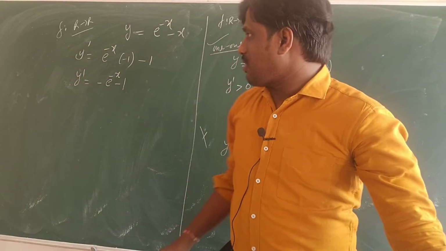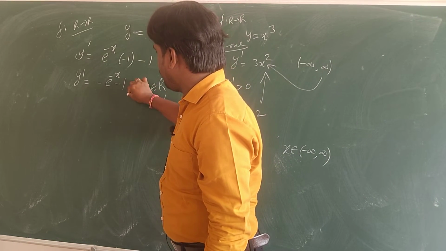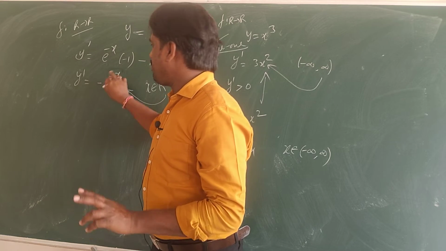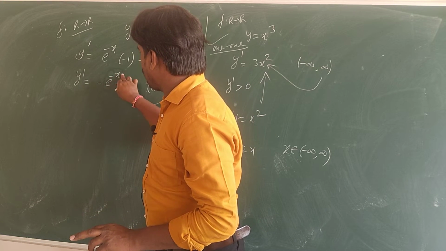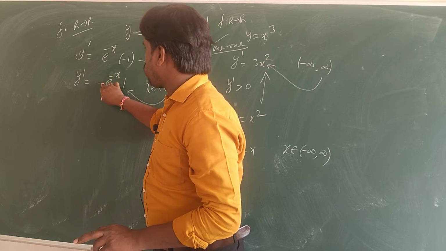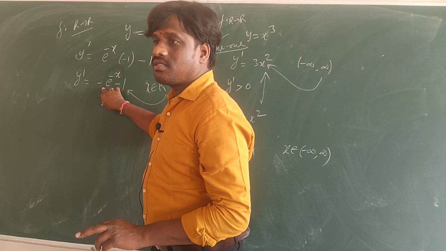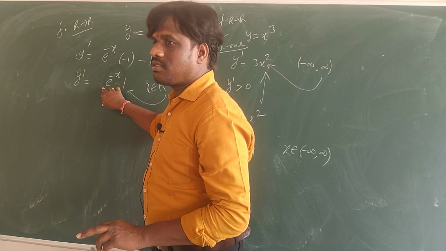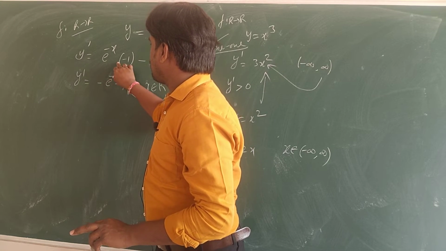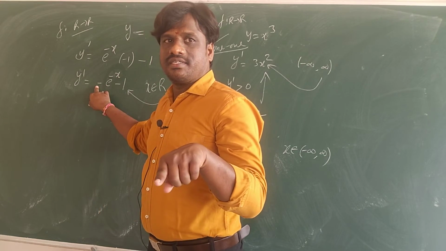Understood? Now I keep all x belonging to real. If I keep anything real here, however, this e power, the whole thing will be positive or negative? Positive. But minus is there, so negative.